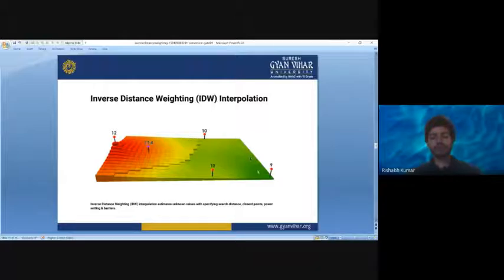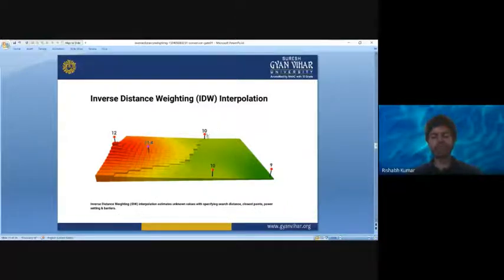so let us do a recap and do another numerical example to clear this method. As the definition goes, inverse distance weighting method or IDW interpolation estimates the unknown values by specifying search distance, closest points, power setting, and barriers.